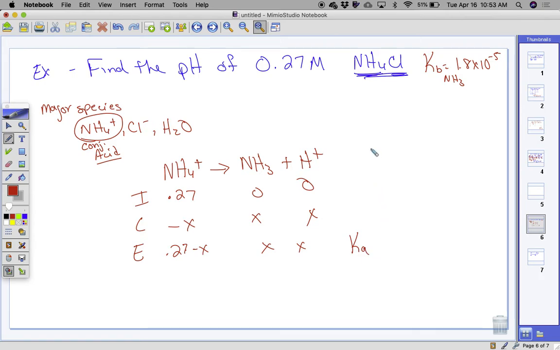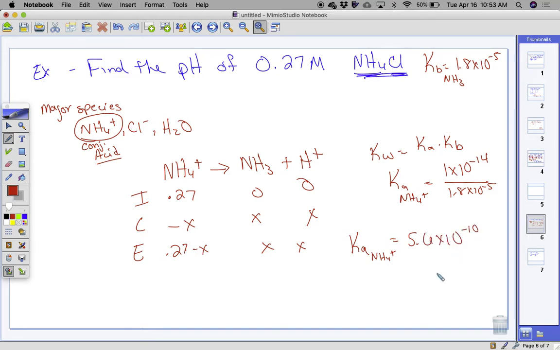So I've got to use Kw equals Ka times Kb. So the Ka for the NH4 plus equals 1 times 10 to the negative 14th over 1.8 times 10 to the negative 5th, which we just figured out was 5.6 times 10 to the negative 10th.